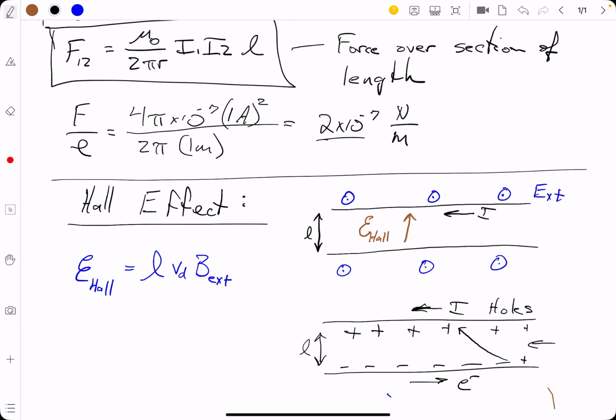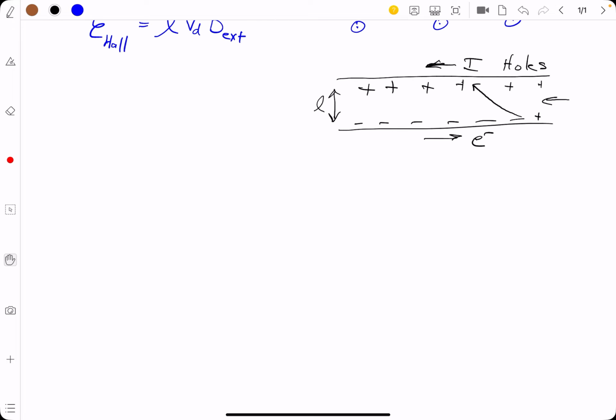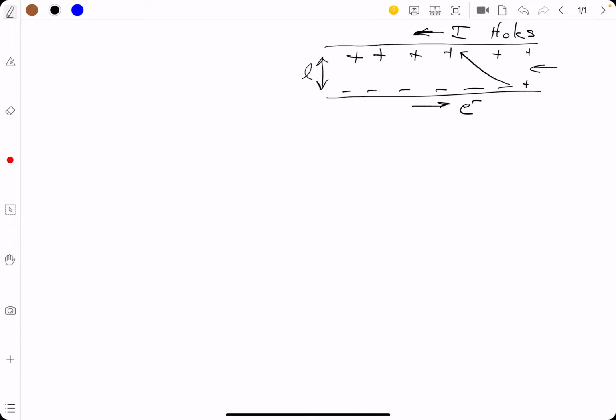We did that already. So we did that. I'm going to move on. We're going to start talking about loops and the force of the current going through a straight up magnetic loop.